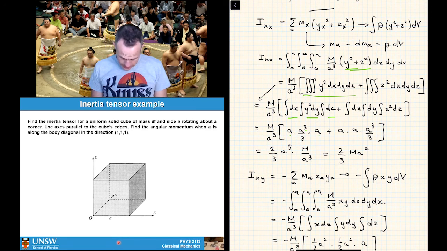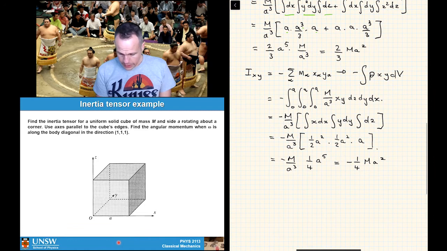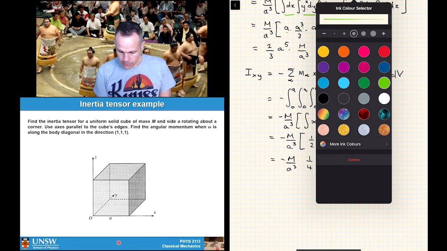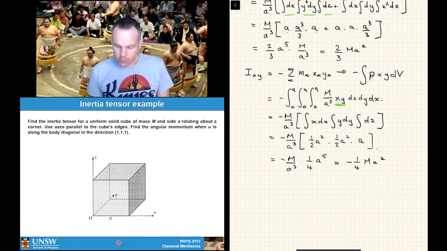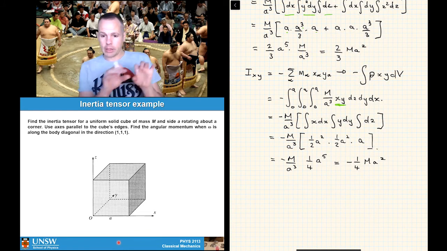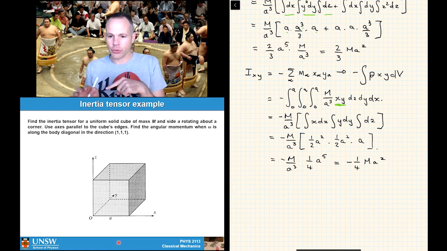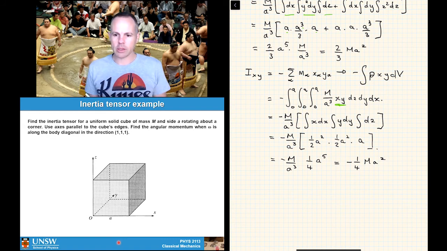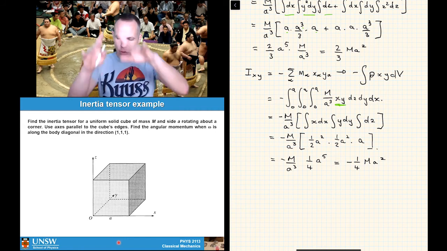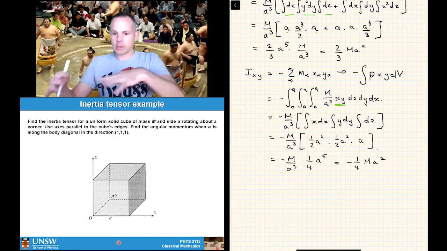And likewise for this term here, you're just going to have something instead of xy in here, and the whole thing is just going to play itself out in a different coordinate. Now, the one thing you'll realize is if my limits are not the same in all three directions, in other words, I break the symmetry of the problem, then those components are not going to be equal. It'll play out the same way, but I'll have different limits, so I'll get a different answer.